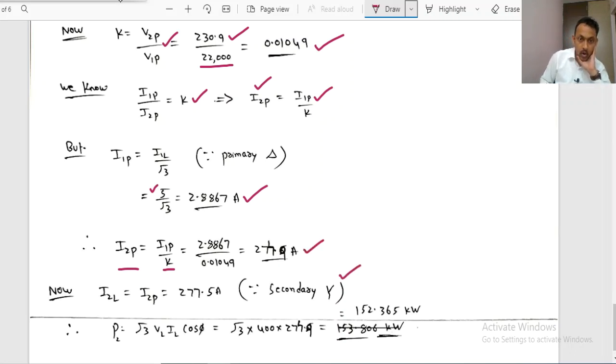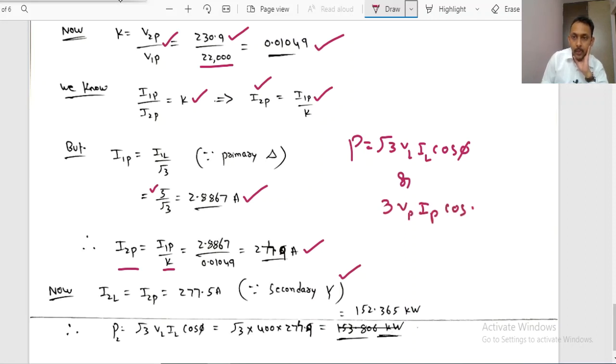Now once we know all the values, the power is given by root 3 VL IL cos phi. You can also take it as 3 times V phase, I phase, cos phi.